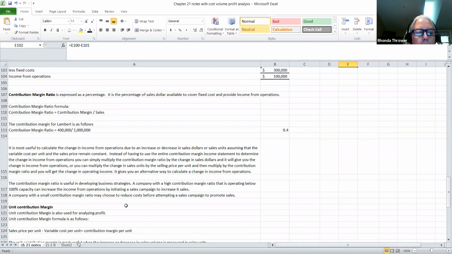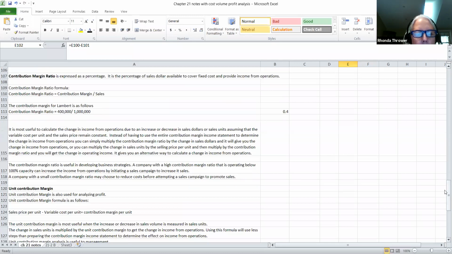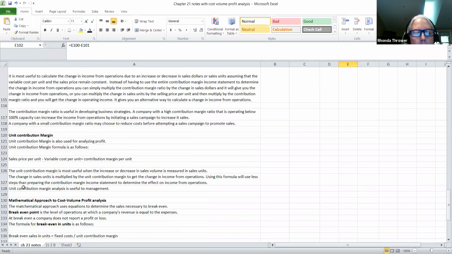the unit contribution margin is found by taking the selling price per unit and subtracting out the variable cost per unit. And the unit contribution margin is also useful to management. It's useful when the increase or decrease in sales in volume is measured in sales in units.